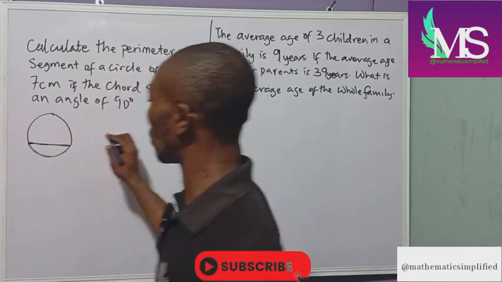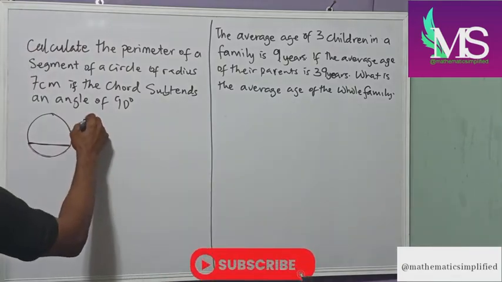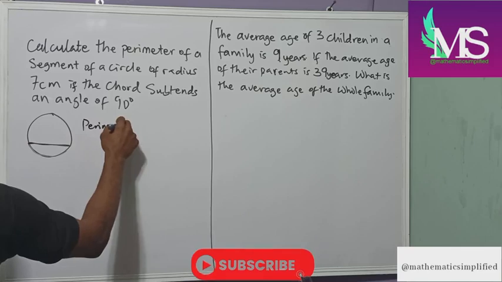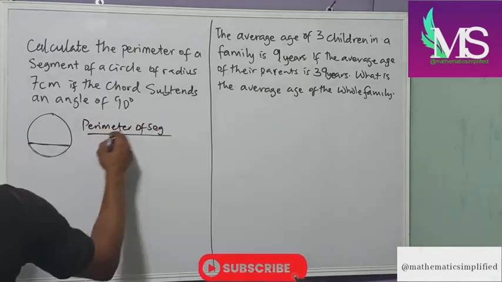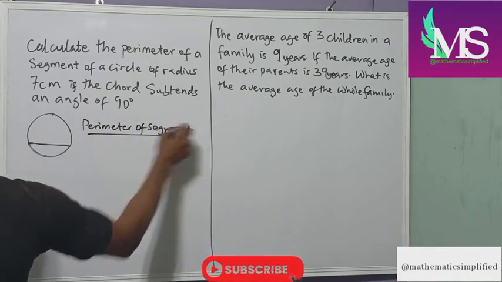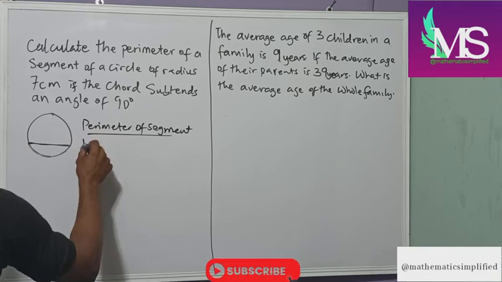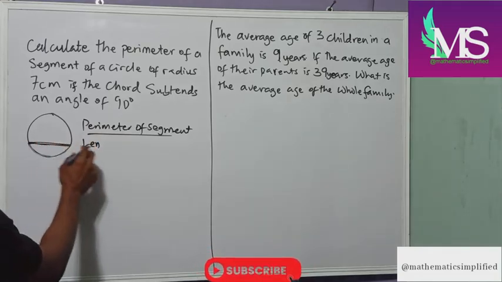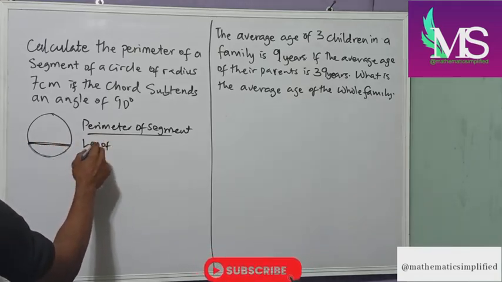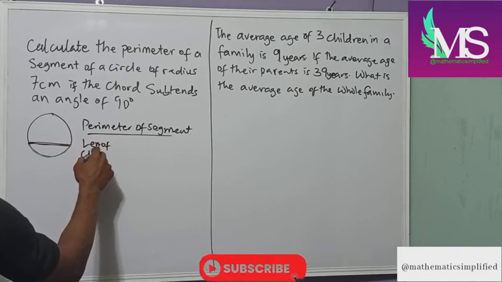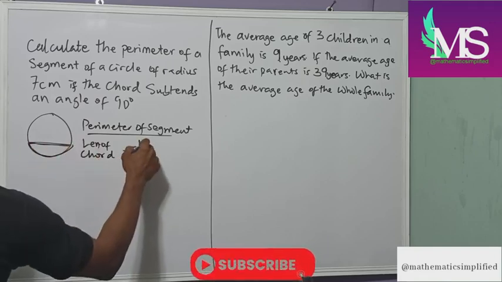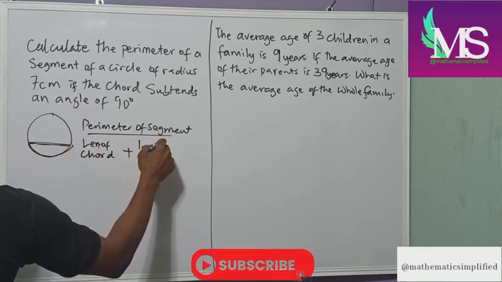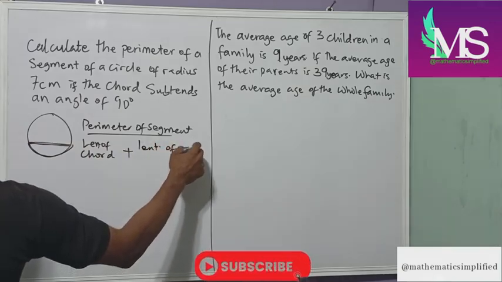For us to calculate the perimeter of a segment, the perimeter of the segment will be the length of this chord plus the length of the arc.